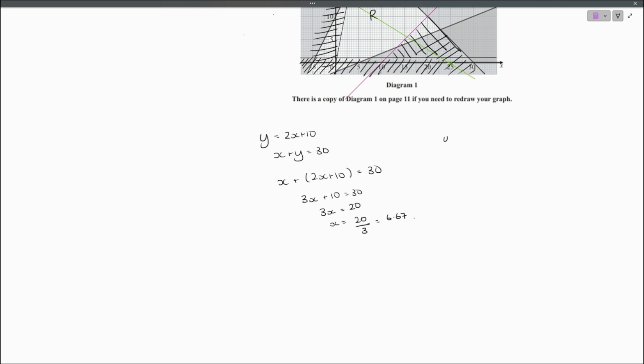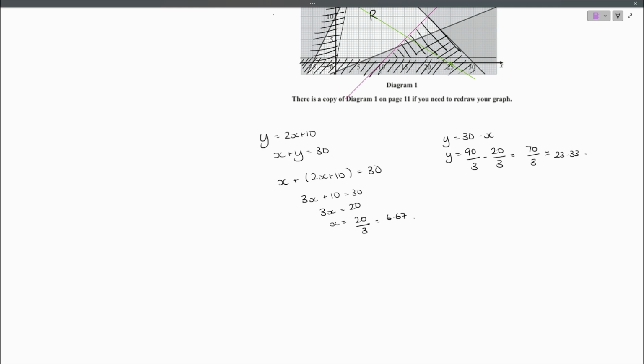That means that y must equal 30 subtract x by rearranging this second equation. So y must equal 90/3 subtract 20/3, which is equal to 70/3, or approximately 23.33.